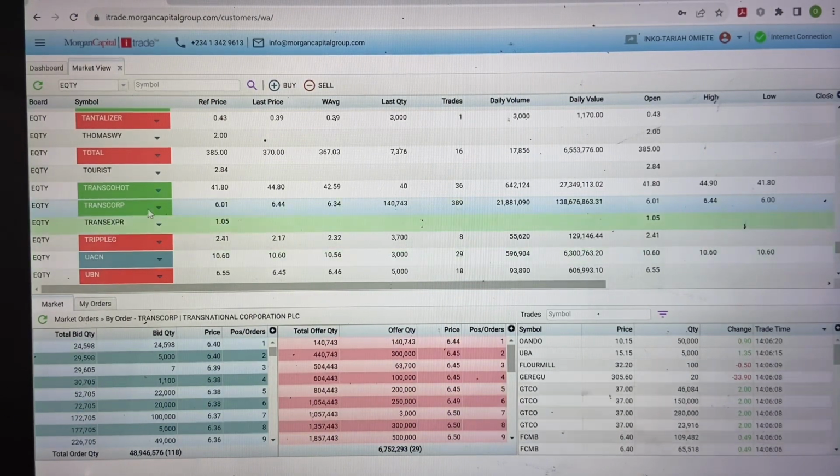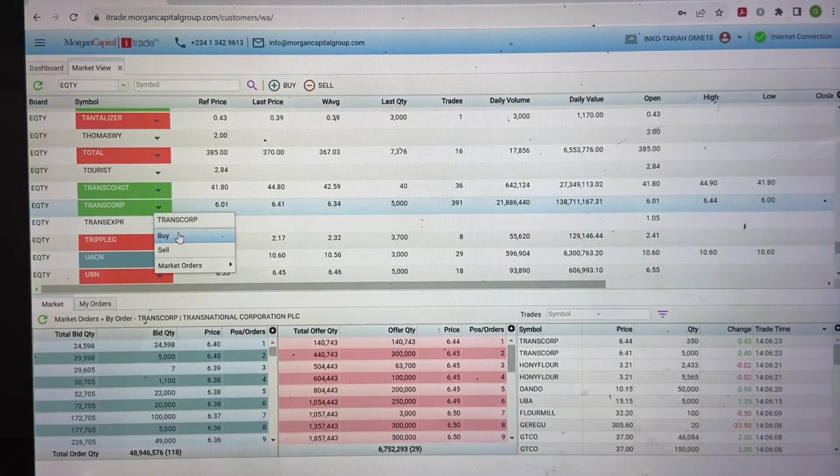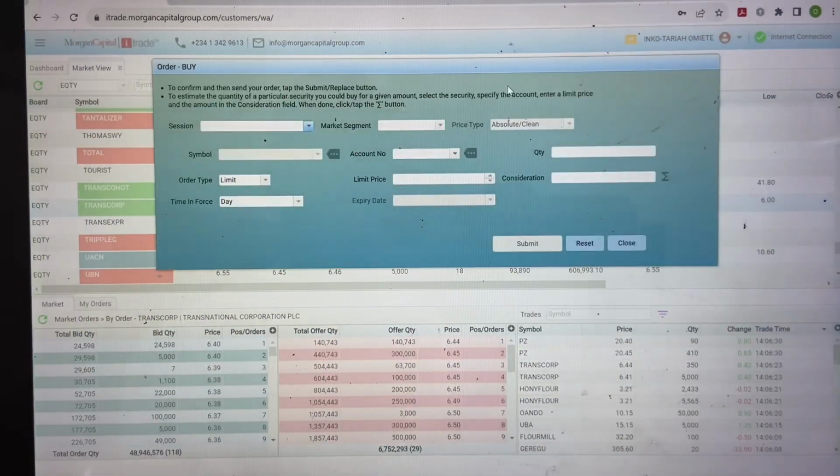And so we want to buy Transcorp now. The primary way to place a bid is to come back here, click on that arrow beside the company name, and go to buy. I have decided that I want to buy, so I click on buy, and then I see that the price automatically populates with what the closing price was yesterday.